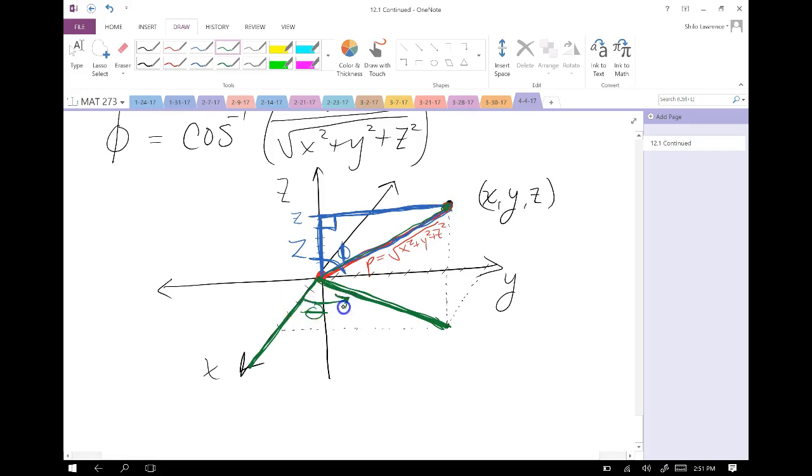This is how far I need to rotate in the XY plane, and then this is how far I need to come down from the Z-axis to get to that spot. So all three of those combined will help us locate a unique point in space.